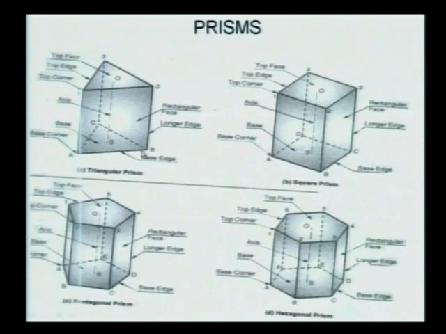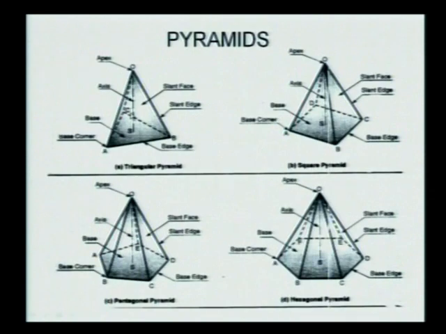And in a prism, the base and top are exactly similar and joined by plane surfaces, and these lines are visible in practice. These are called the longer edges.